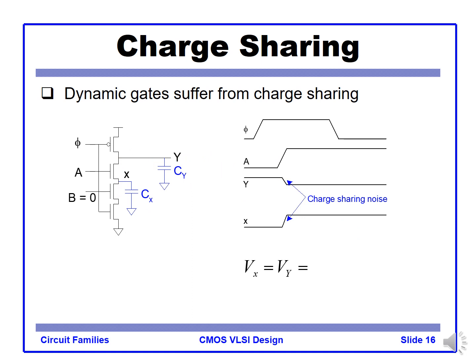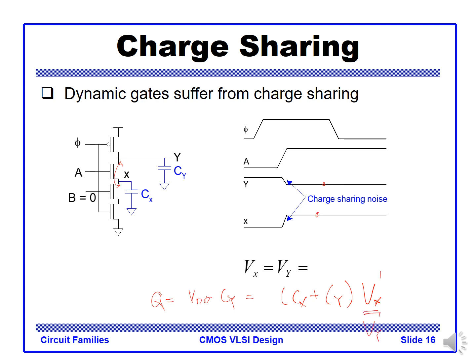So Cx and Cy will move to a similar voltage through device A, right? We can find the voltage by charge sharing. Initially, the charge is on Cy, so it's VDD times Cy, equal to Cx plus Cy times the final voltage, which is Vy prime.